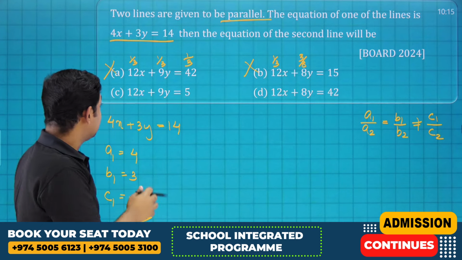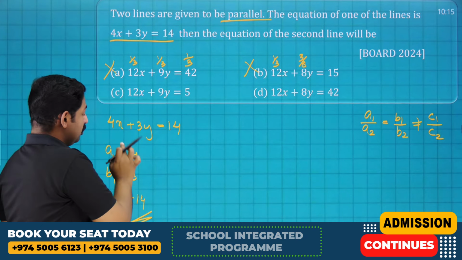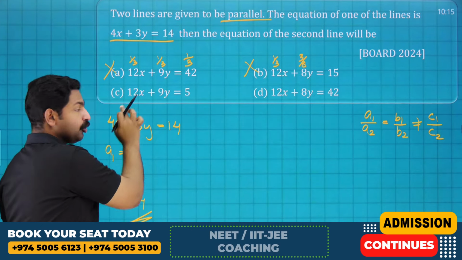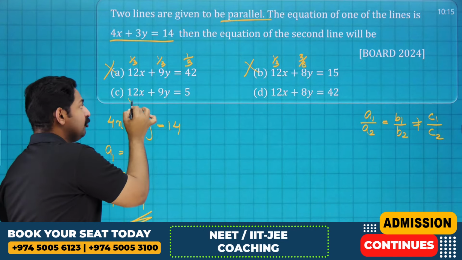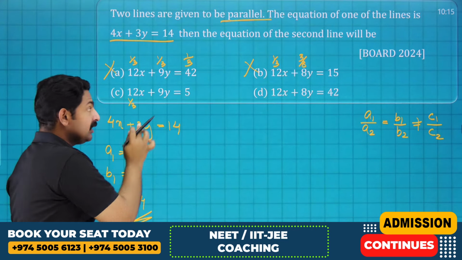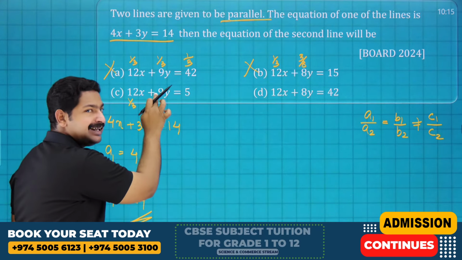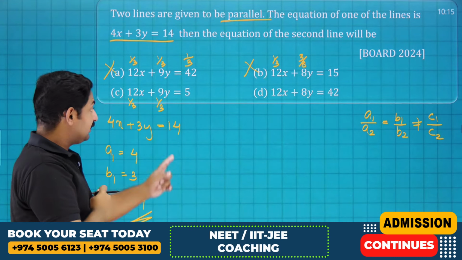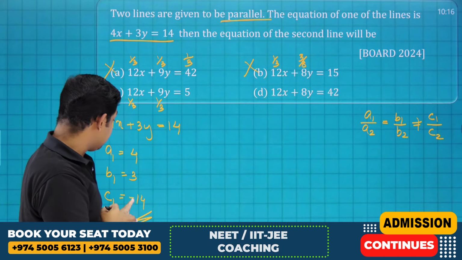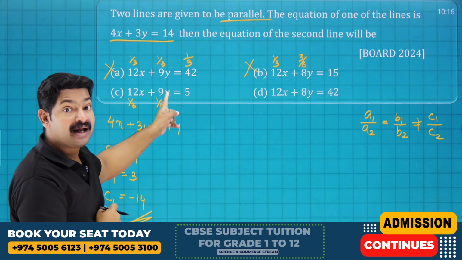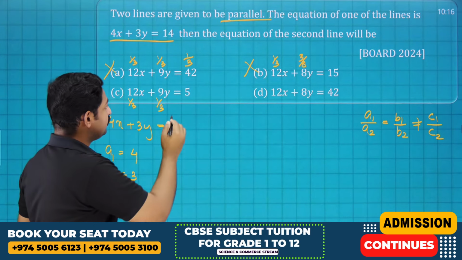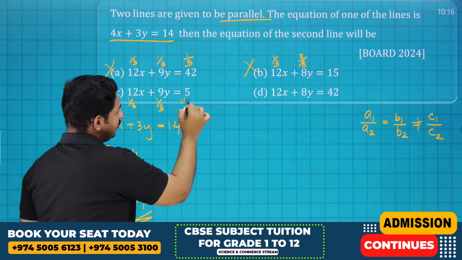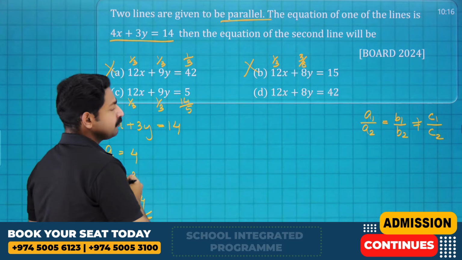If you consider the third one, here also 12 is there. So A1 by A2 means 4 by 12, and when you cancel, you will be getting 1 by 3. Okay, fine. B1 by B2 means 3 by 9, here also 1 by 3 you are getting. And in the third, C1 is minus 14, C2 is minus 5, so the ratio will be 14 by 5.